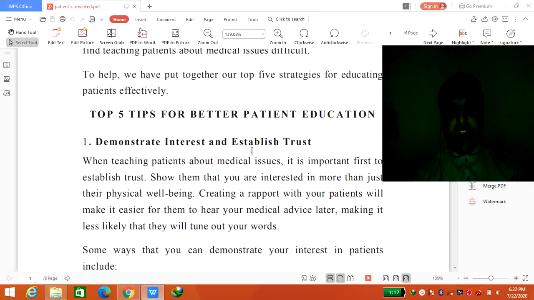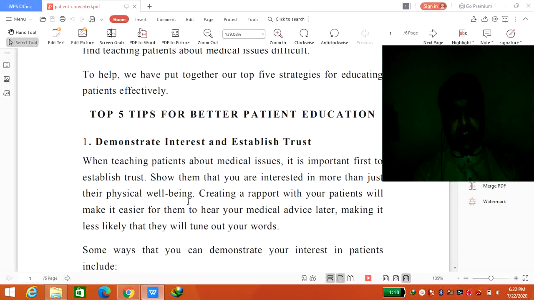The first one: demonstrate interest and establish trust. When teaching patients about medical issues, it's important first to establish trust. It's important for the provider, whoever that may be, to establish trust and show them that you are interested in more than just their physical well-being.